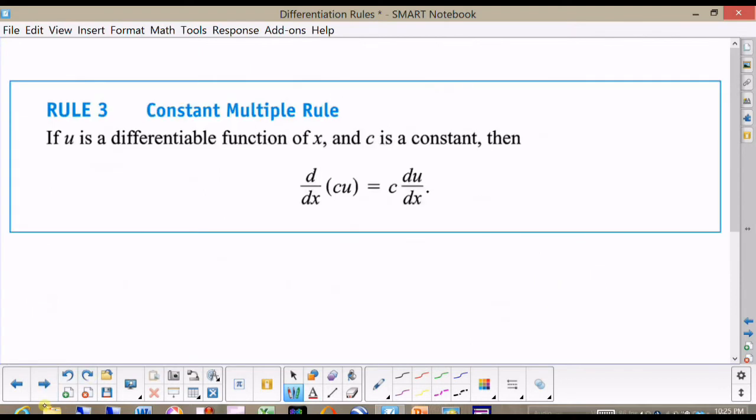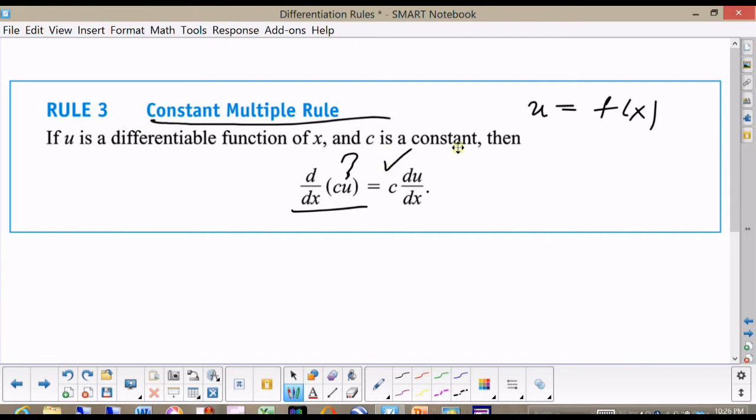Now on the next page we got another rule called the constant multiple rule, and we've already talked about this a little bit. It simply says if you have a function u, here u is equal to some function of x, then taking the derivative of c times the function, where c is a constant, you just multiply c times the derivative of the function.